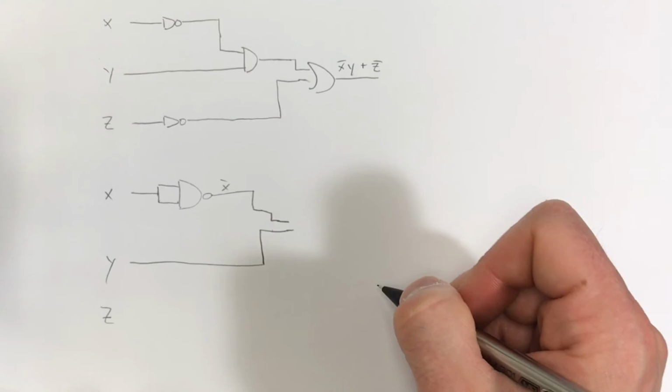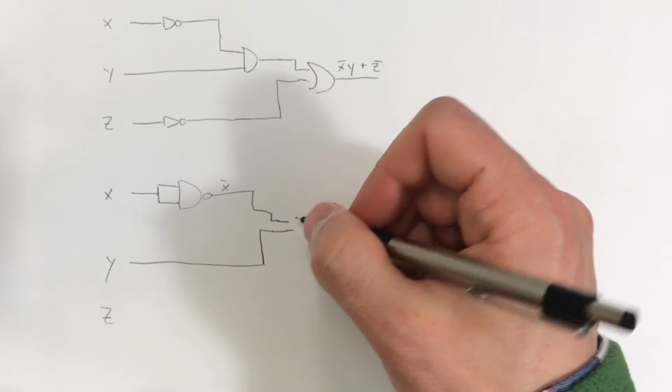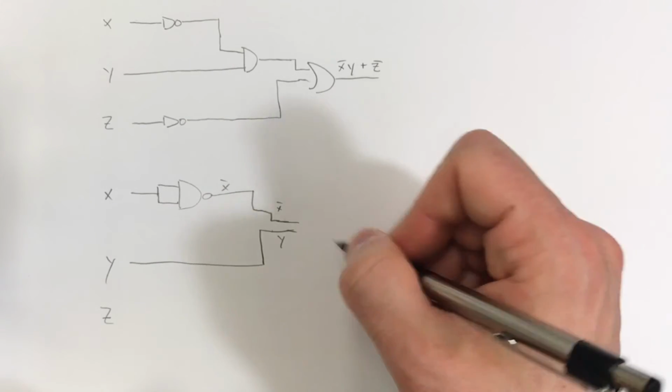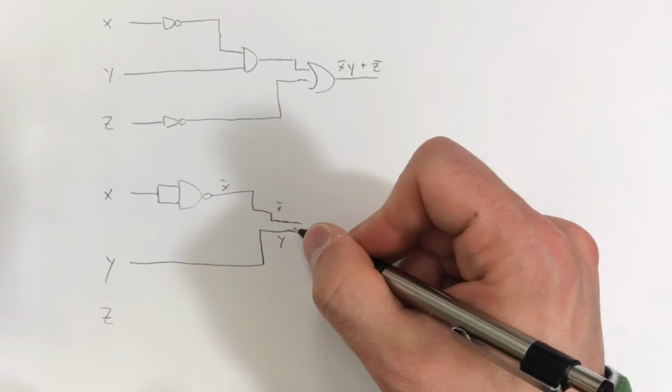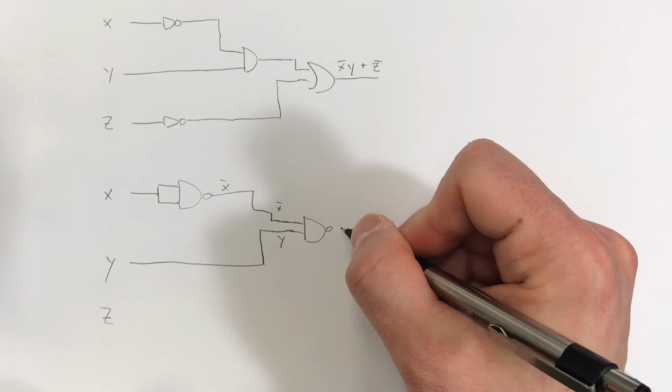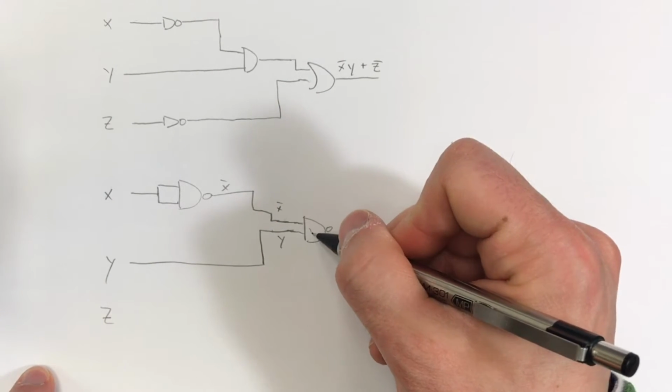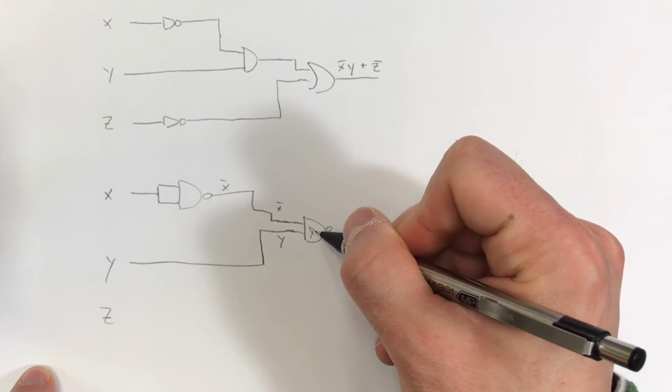And then we need to put that in with Y, and so we have X naught right here, and we have Y here. So out of it, we need X naught and Y. So we need to put it into a NAND gate. If we remember the AND gate, we have X naught Y right here.